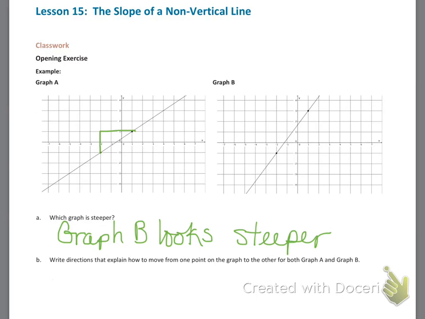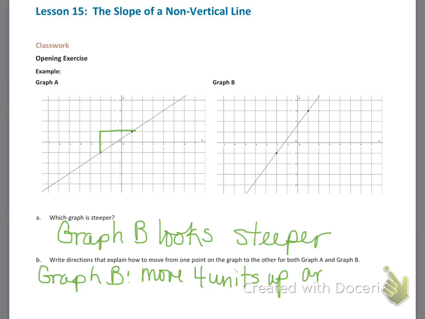Okay, so for graph B, move 4 units up and move 3 units right. Okay, and again, that would look like up 4 and over 3 to the right.